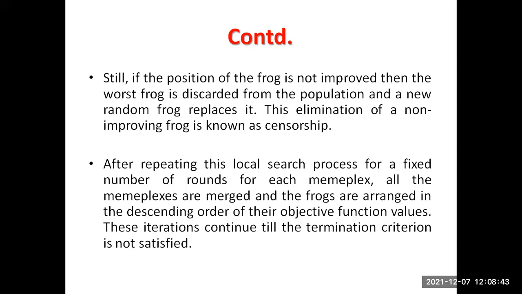This is a very important thing which is implemented in the shuffled frog leaping algorithm. The worst one is given a chance, and if after that chance that frog does not improve its performance, meaning it is not moving towards the best frog, then that frog is discarded.